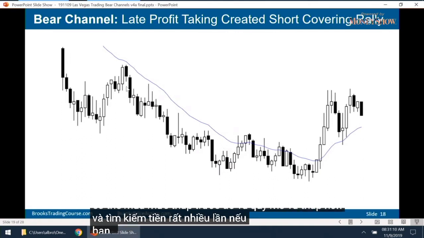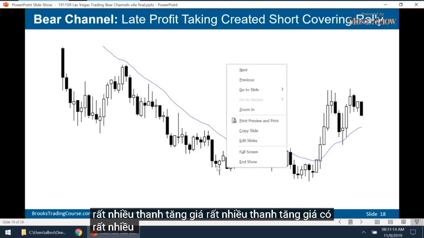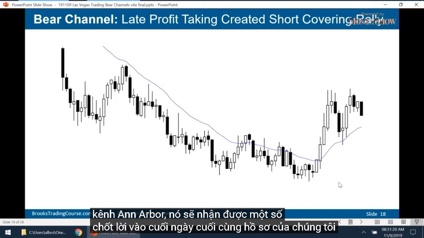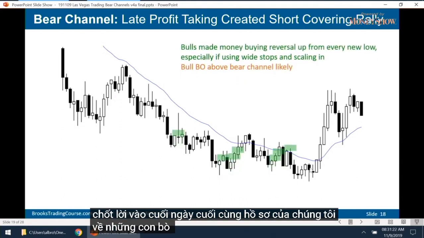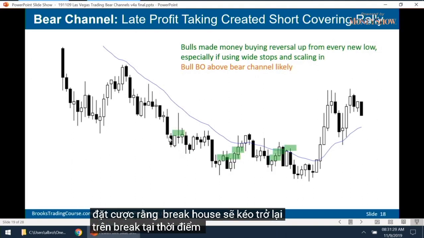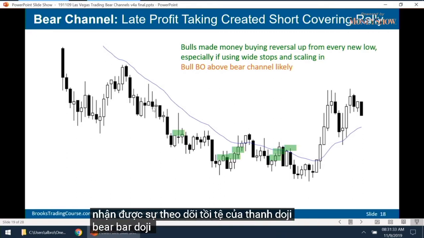A lot of times, if you have a lot of two-sided trading, a lot of bull bars, a lot of reversal attempts, and it's in a bear channel, you'll get some profit taking late in the day, the final hour and a half. Bulls are making money, betting that breakouts will pull back above the breakout point. And plus, you're getting bad follow-through, bear bar doji, bear bar doji.